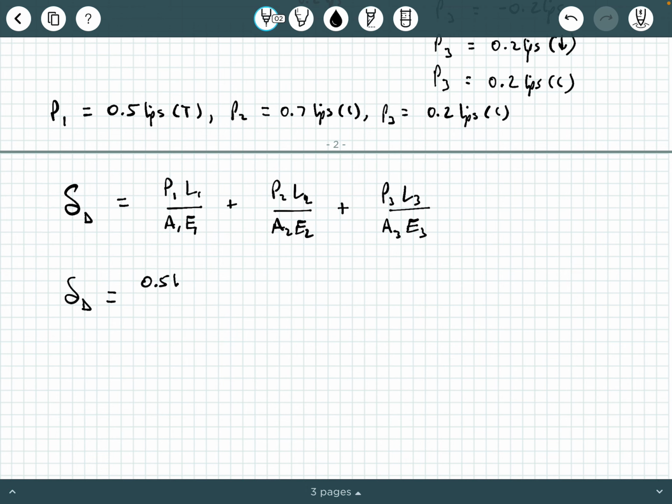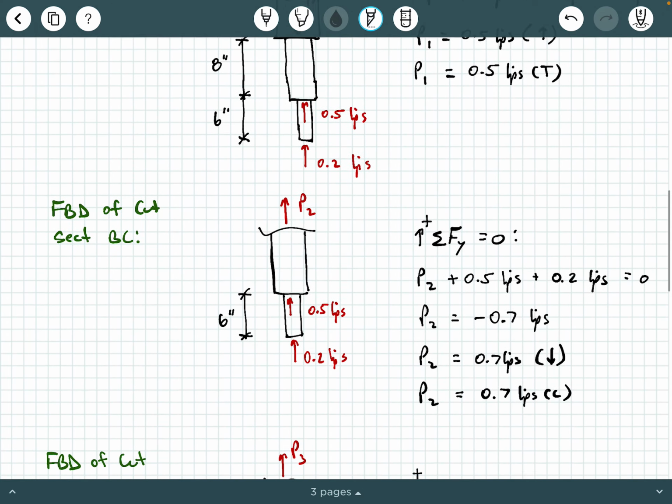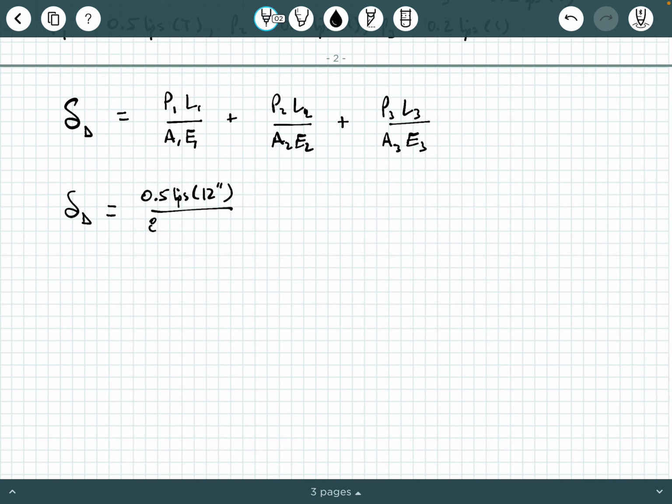We're going to have 0.5 kips times 12 inches, all divided by A1 and E1. These were given to us in the problem statement, 8 square inches and 29,000 KSI. So we're going to come down here and substitute that in, 8 square inches and 29,000 KSI.